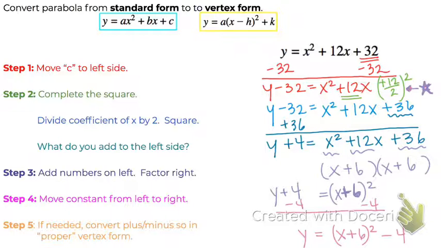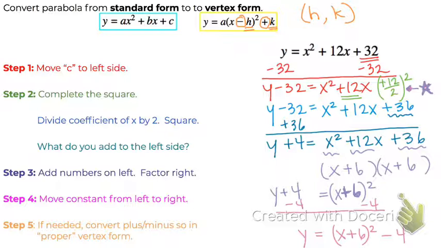There is one last step that you could do to better highlight what the vertex is, because the x-coordinate of the vertex is what is being subtracted from x, and the y-coordinate is what is added at the end. So notice that this is a minus and this is a plus, and that's not what we have in our final equation here.